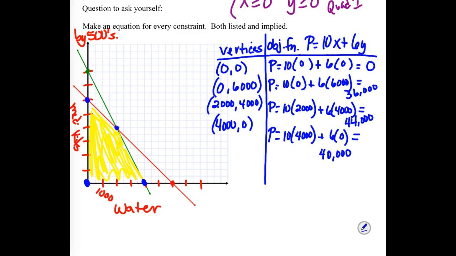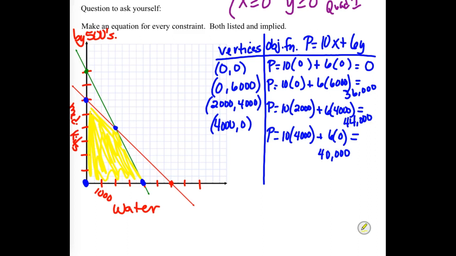Okay. Now remember, the goal of this question was we want to help the most people. So which option is our best one? 44,000 is the biggest one, yes?